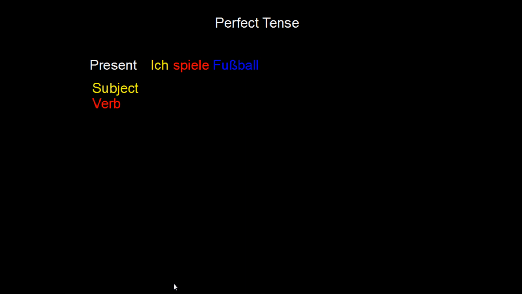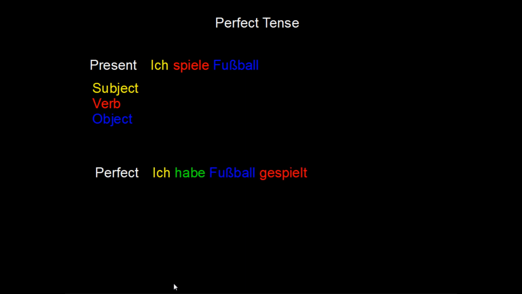It could be lese, to read, höre, to hear, mache, to do. But we've chosen spiele. And an object. We've got Fußball, which means football, but the object could be anything. It could be rugby, basketball, badminton, Hausaufgaben, any noun or anything really that can be an object in a sentence.